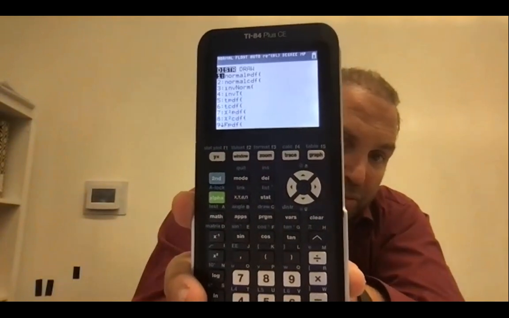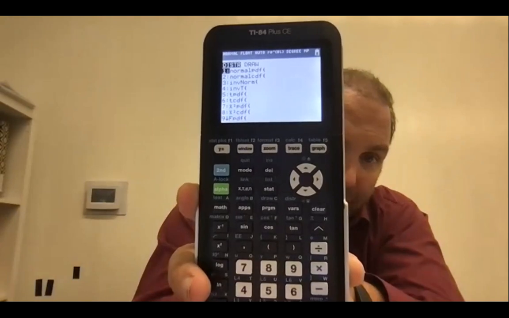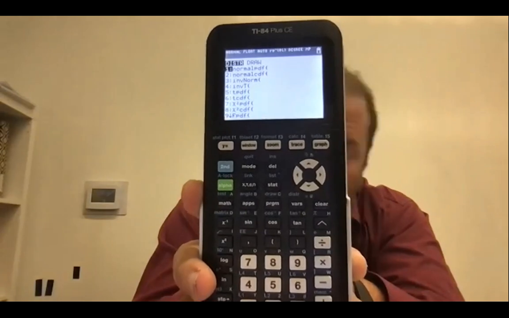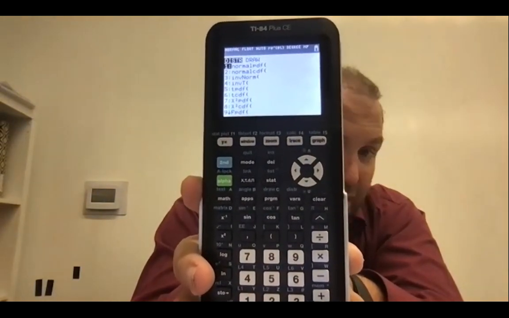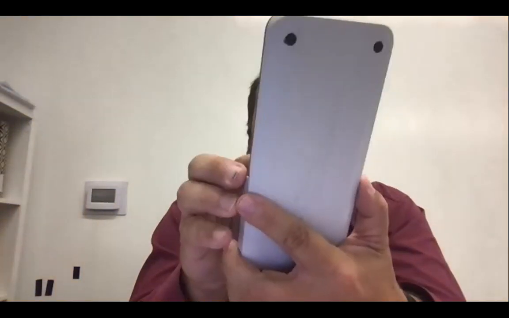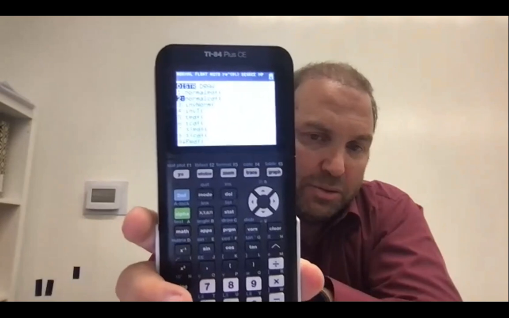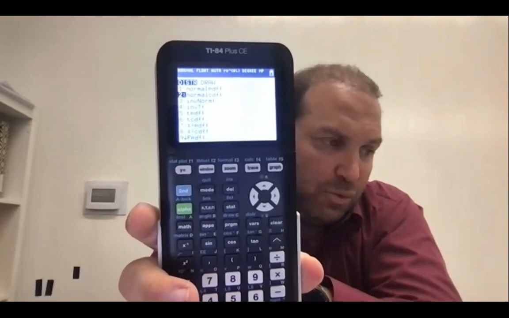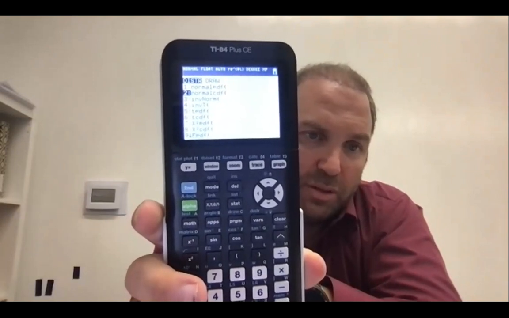Which of these options do you think is the correct one to use? There's only two that might seem reasonable. It's the second one, the normal CDF, not the normal PDF. The normal PDF you never want to use.